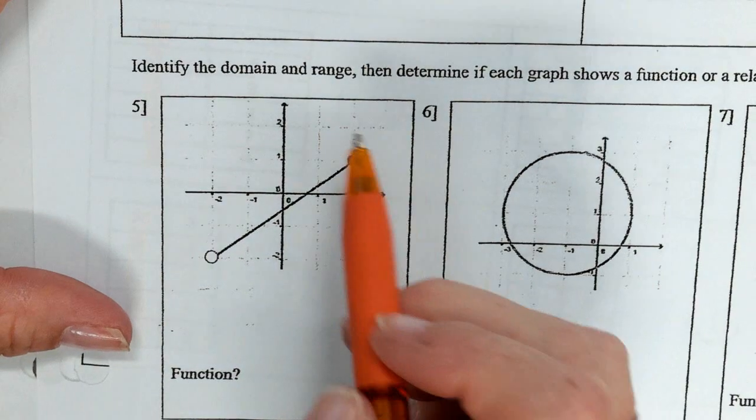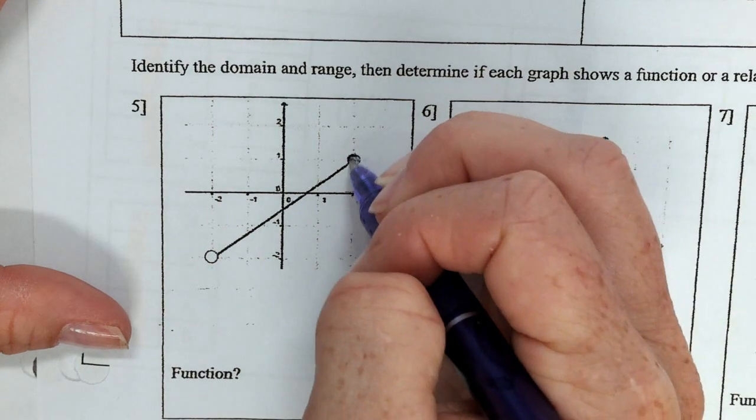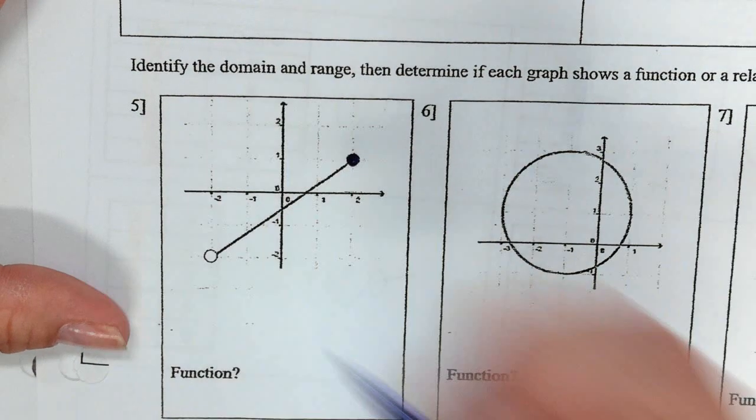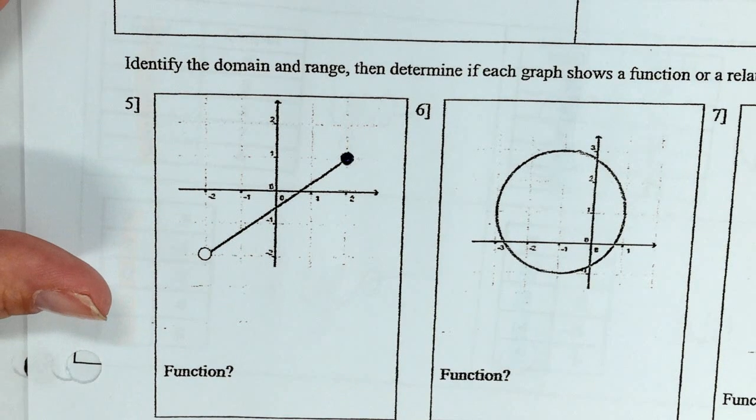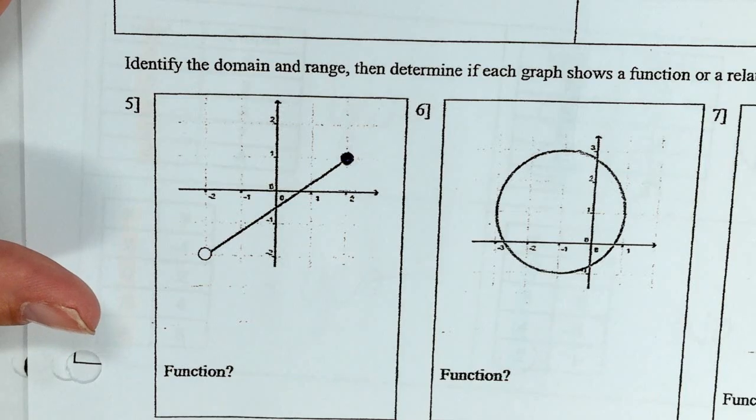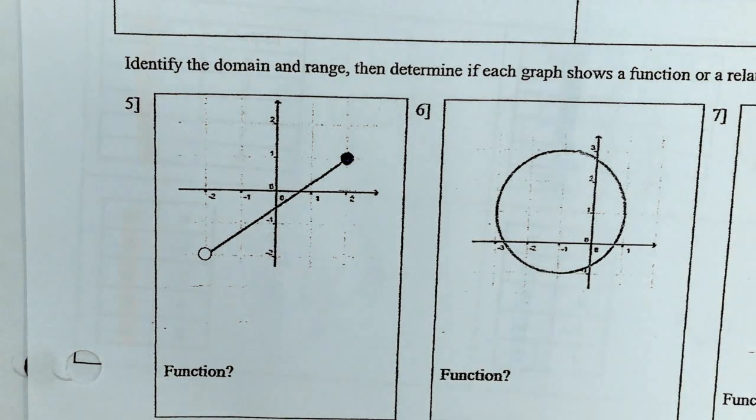Who can tell me what this means where this dot is filled in and this one's not? Y'all know what that means? Do y'all remember when we learned inequalities the other day? The filled in dot means it's part of the graph. The circle that's open means it's really not part of the graph. Make sense?